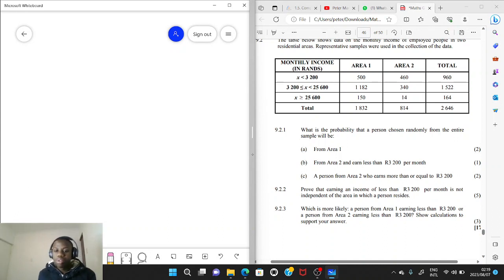They're saying prove that an income of less than 3.2 per month is not independent of the area in which a person resides. Now here's the question.